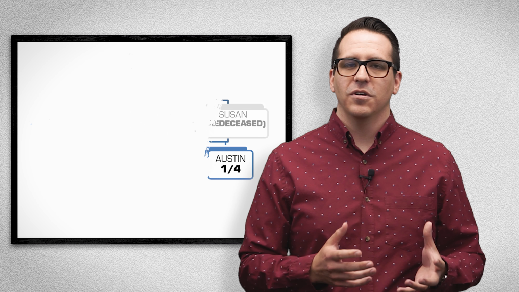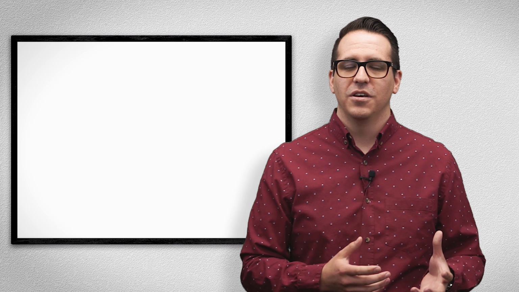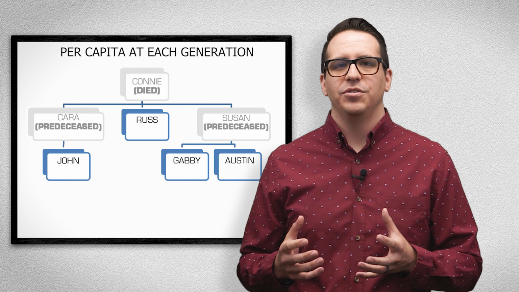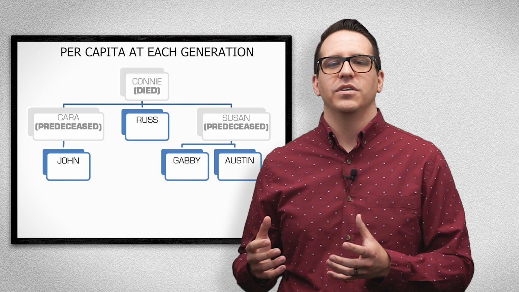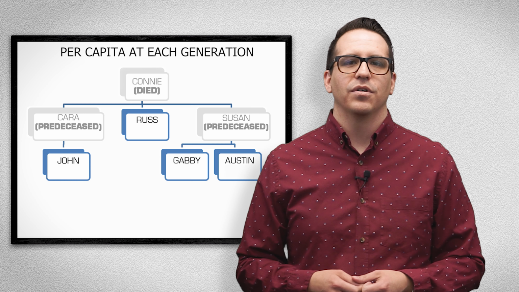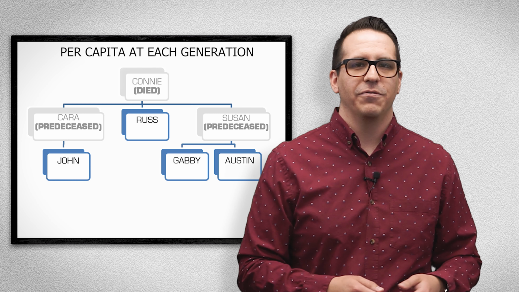As a bonus, there's also the concept of per capita at each generation. Personally, I've only seen this type of distribution in law school, but it is a potential choice. Under per capita at each generation, when you distribute your assets and a child predeceases you, shares are determined by the number of descendants at each level.